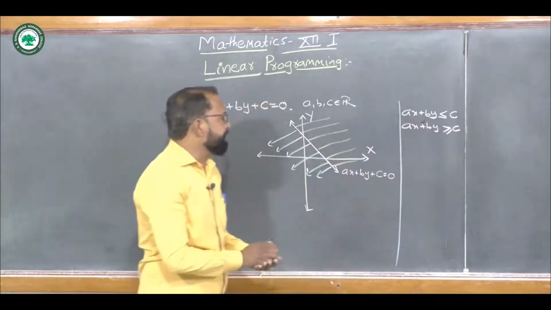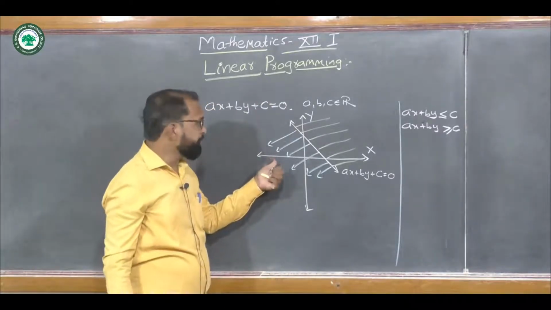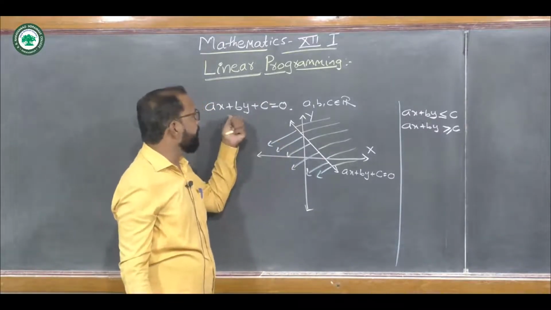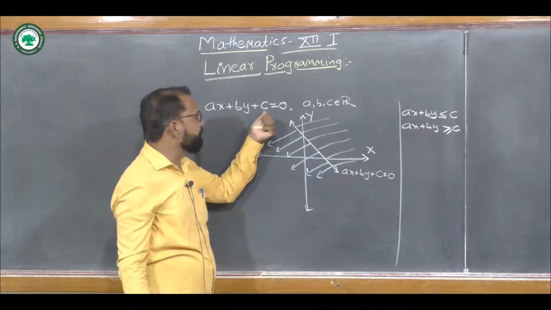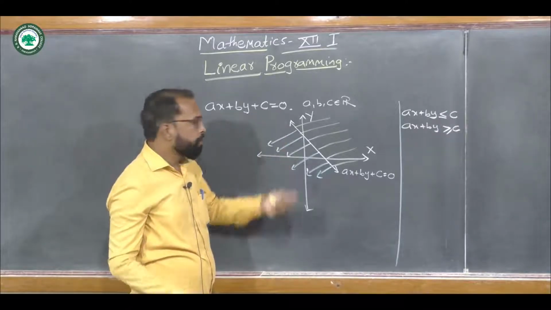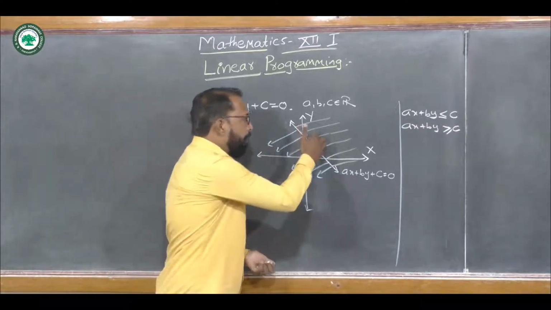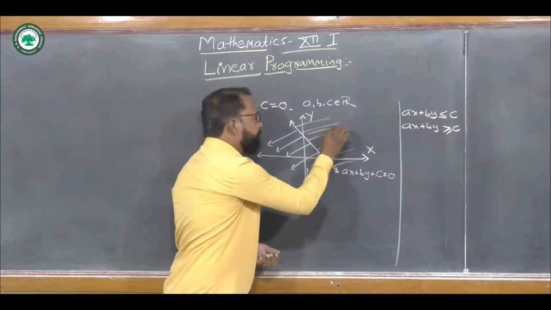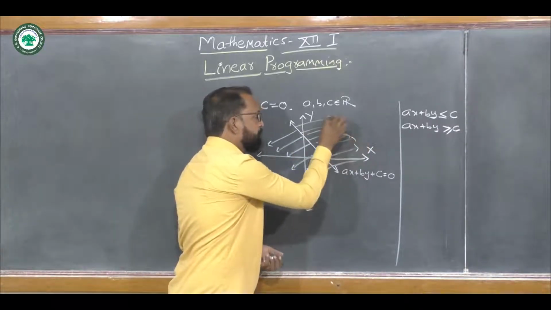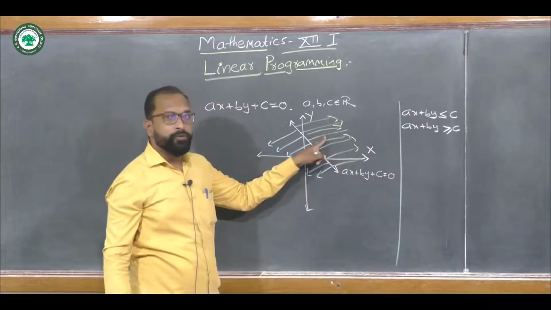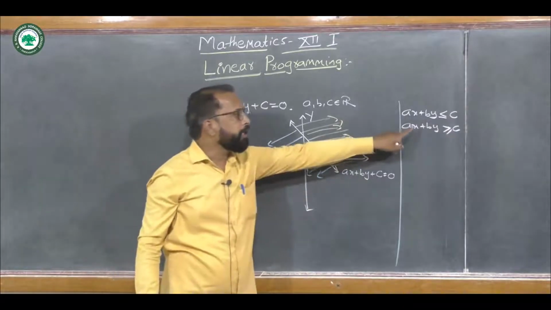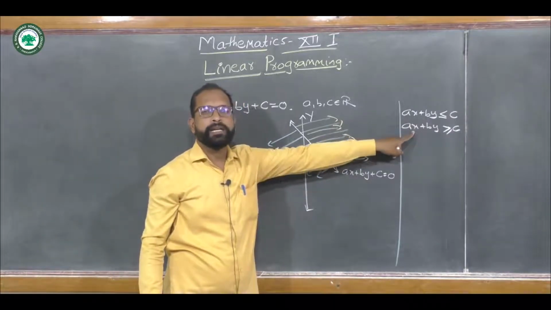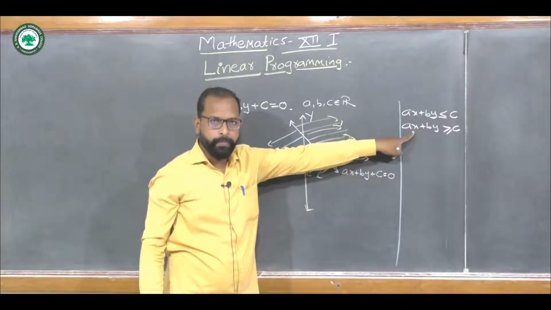Now, in this case, if we consider the graph for the line ax + by + c = 0, the part above the line, away from the origin, that is this part, is the part for the inequality ax + by ≥ c.